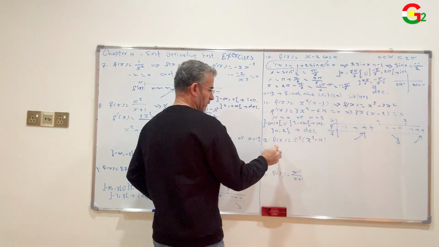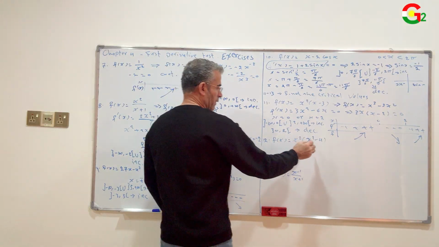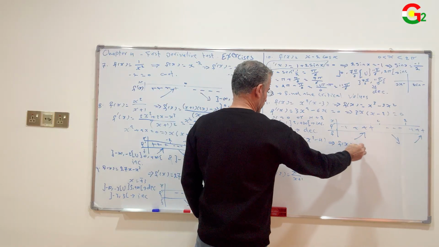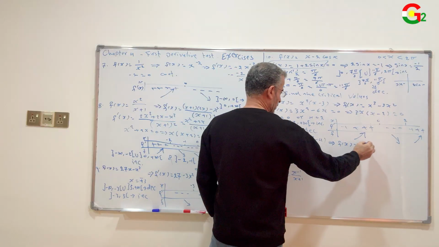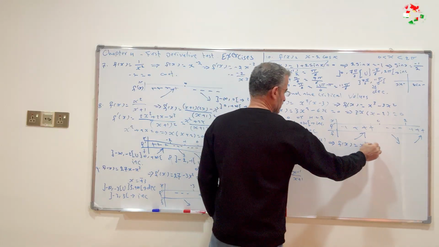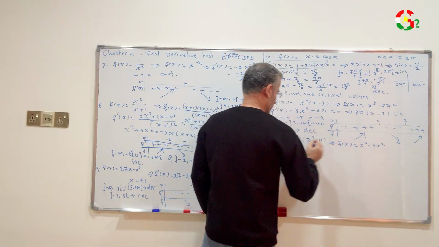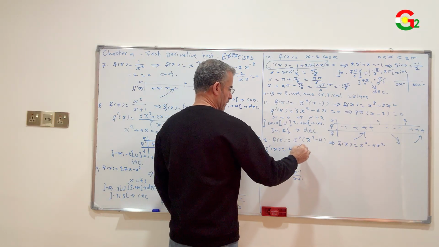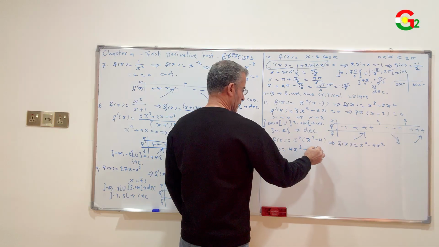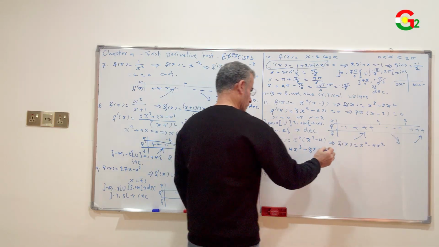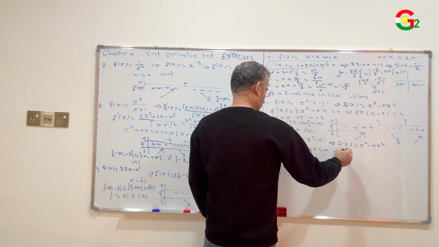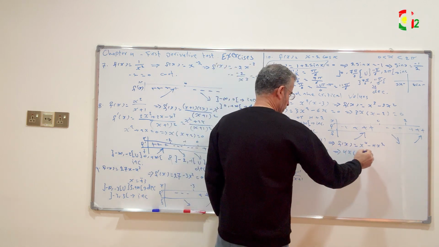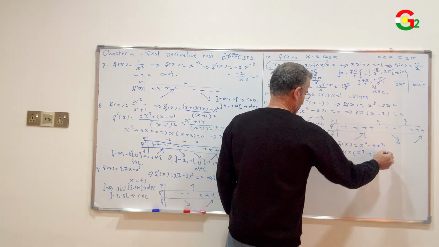Question number 12, f of x equals x power 4 minus 4x power 2. Find the derivative of this function: 4x power 3 minus 8x equals 0. Factorize by 4x, x power 2 minus 2 equals 0.